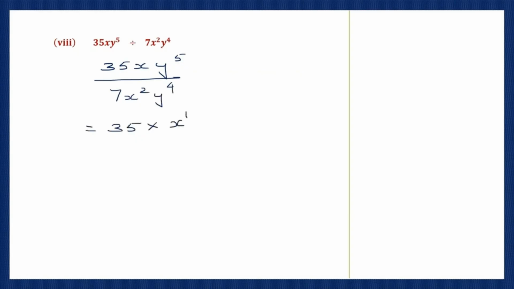Here we have 1 and then we are taking this 2 from here. So it becomes minus 2 and then into y we have 5 minus 4. And in the denominator what is left is just 7. So let's cancel 7 and 35. 7 ones are 7, 7 fives are 35.